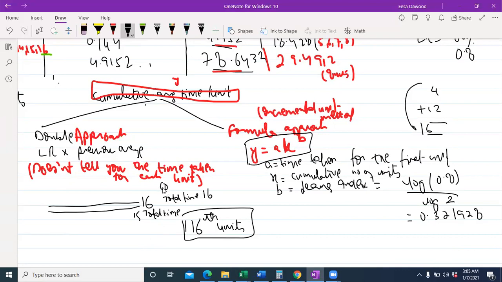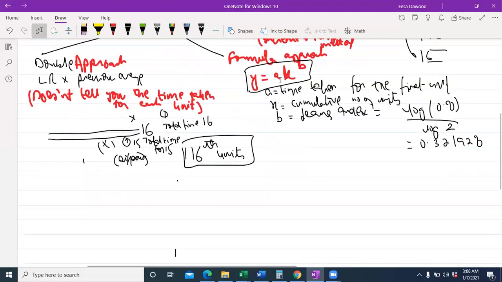First, I calculate the total time for 16 units, and then the total time for 15 units, and then take the difference of both values. Don't you think I will be able to calculate the time taken for the 16th unit? But how am I going to do that?